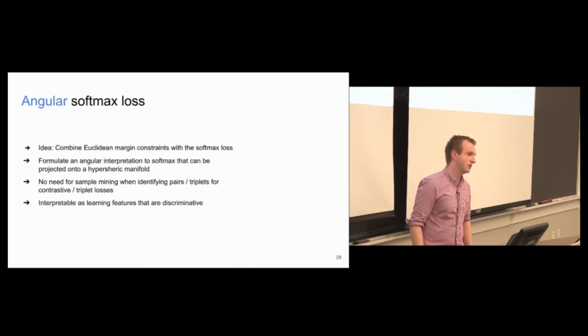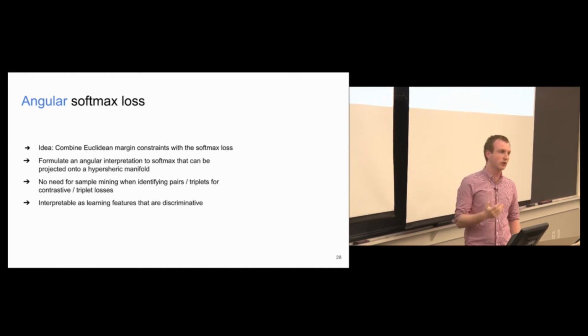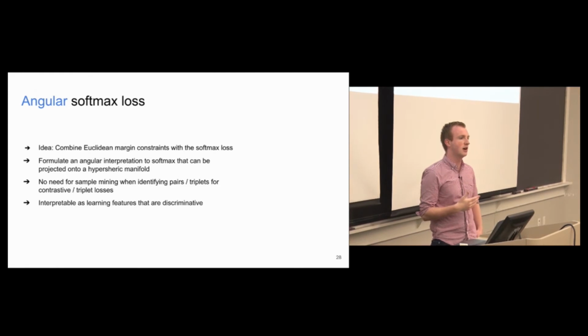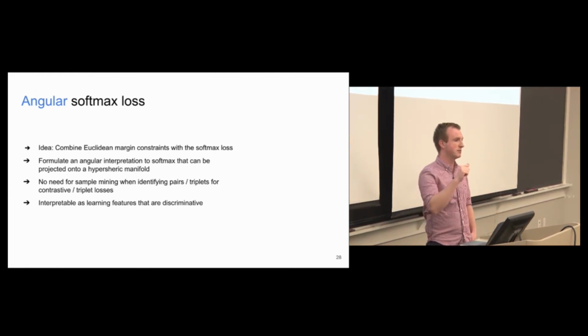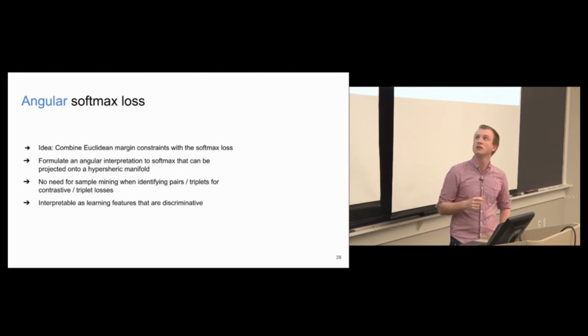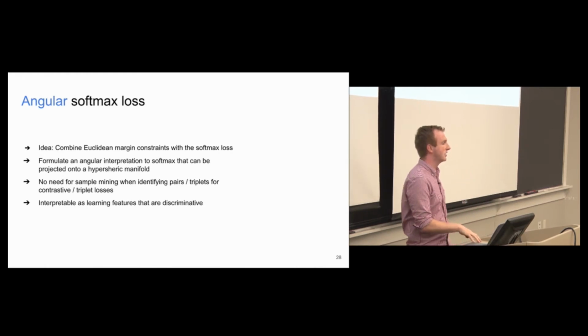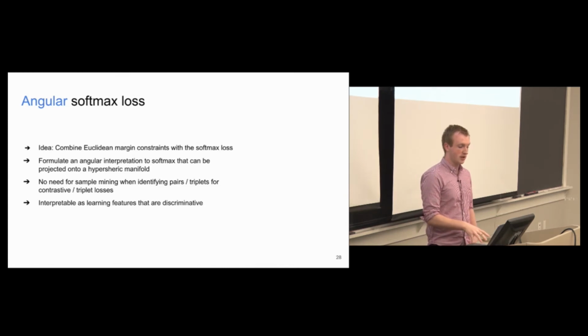All right, so now we're going to talk about this idea of angular softmax loss. One of the things that we don't get with softmax is an interpretation of how it learns the placement of features in space. So what if we can combine the idea of Euclidean margin constraint, which we saw in contrastive loss, with softmax loss?